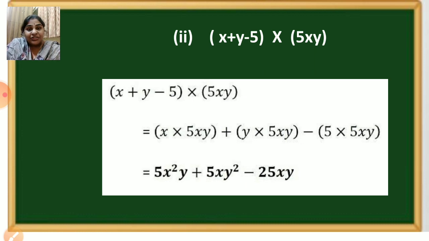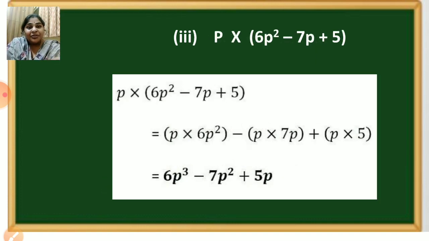So one by one, children, don't forget, first multiply the coefficients and then the variables. And don't miss any of the variable. So this is how we solve multiplication of a trinomial by a monomial.